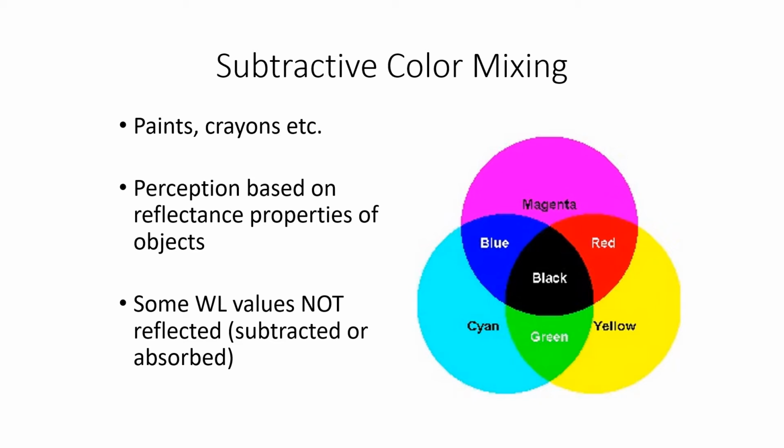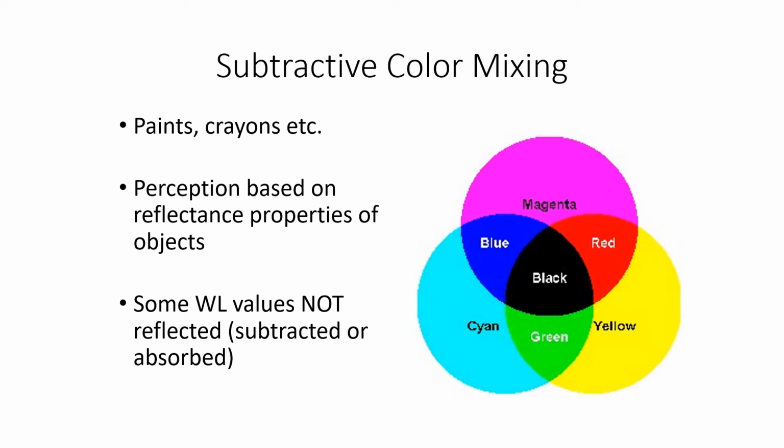When we are mixing together paints and crayons and things like that, those colors are absorbing some wavelengths and reflecting some wavelengths. As we're mixing them, those colors continue to absorb the wavelengths that they were already absorbing. I mix another color, it's still absorbing the wavelengths that it was absorbing. And so we're subtracting out wavelengths that are not being reflected now.